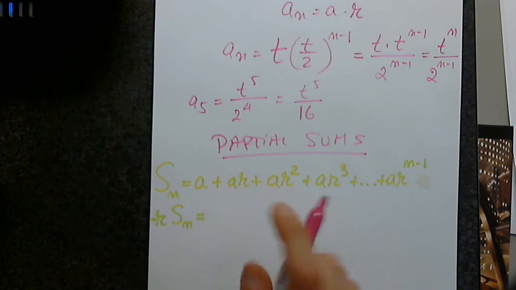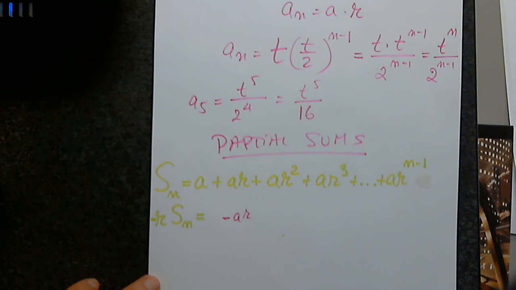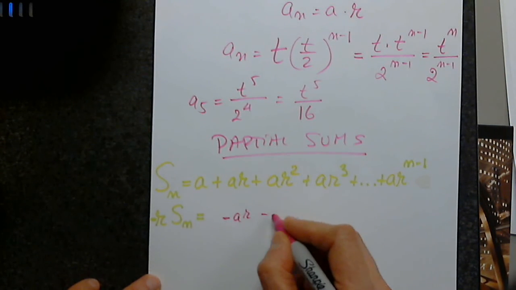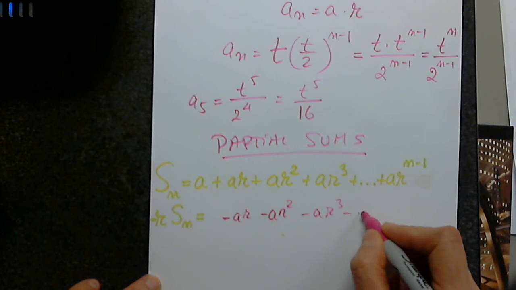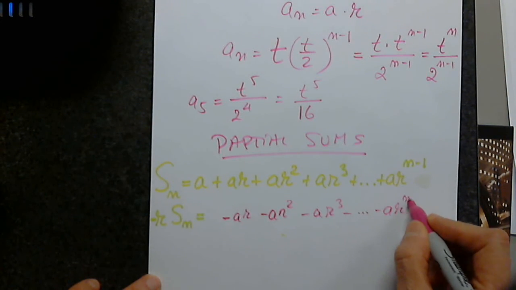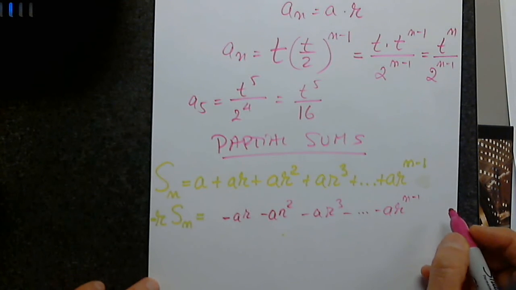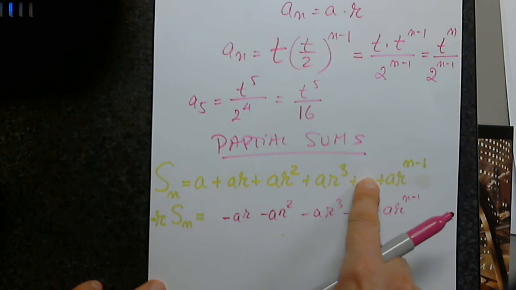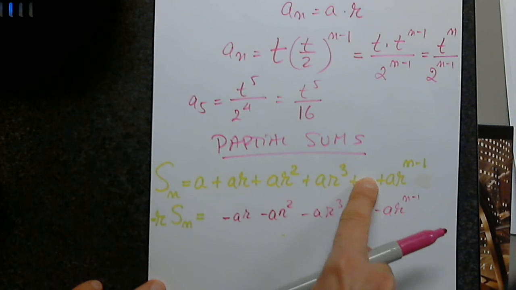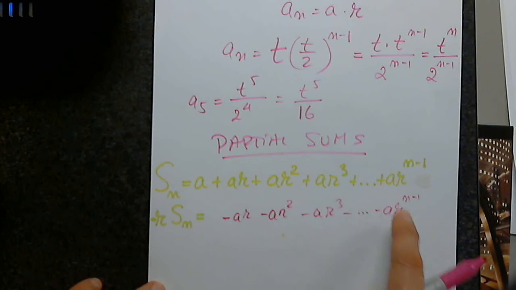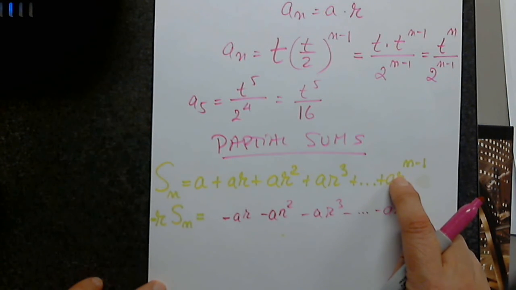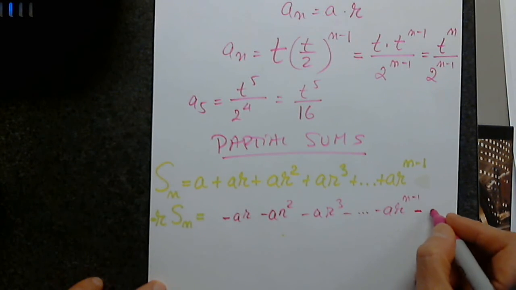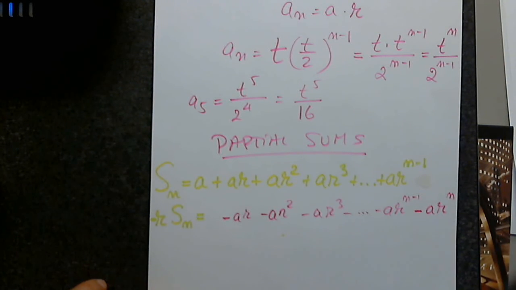I'm going to write it under this. Then the next one. And then the next one. Minus dot dot dot minus ar to n minus 1, because the previous one will have r to n minus 2. It will create this. But there is one more now, because I have to multiply by this. So minus ar to the nth power. Agreed?